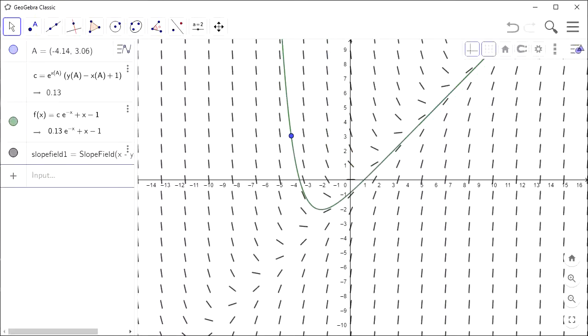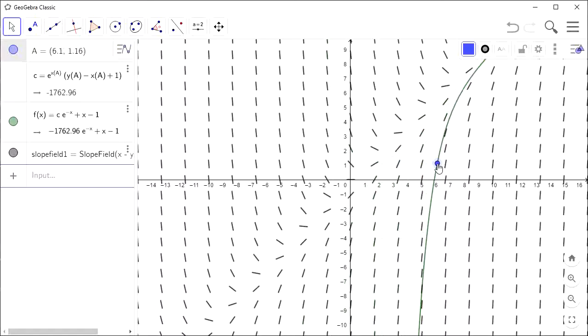Now I've modified the GeoGebra set that I'm working with, and I've added this point. Okay, this point is guaranteed to be on that solution curve. And as I move the point around, the solution curve will actually change depending on where the point is.